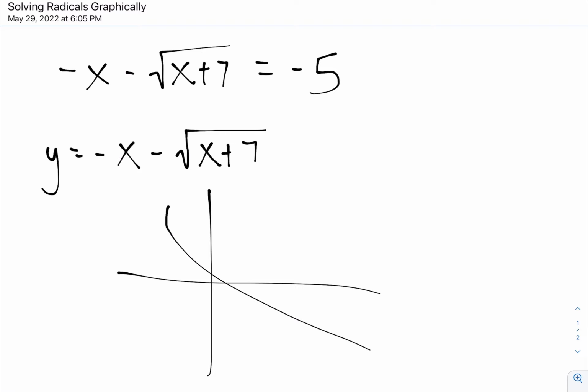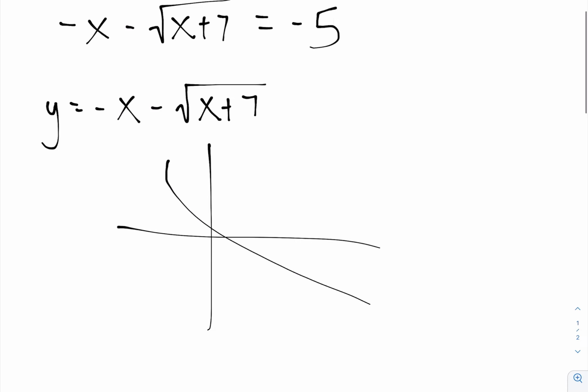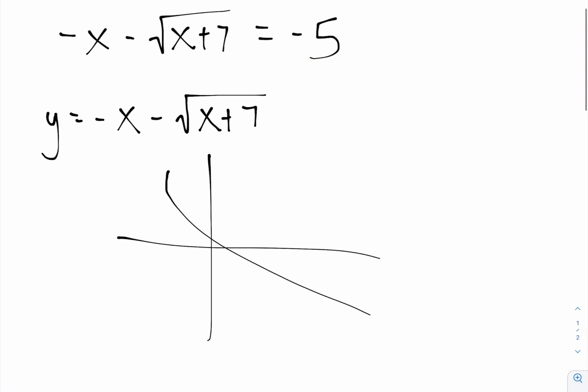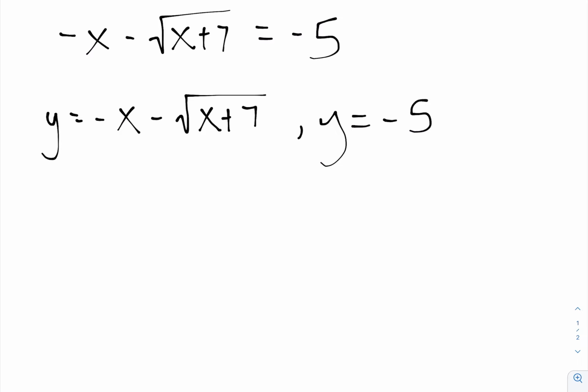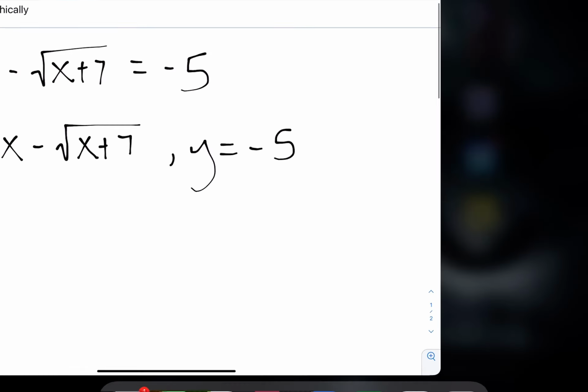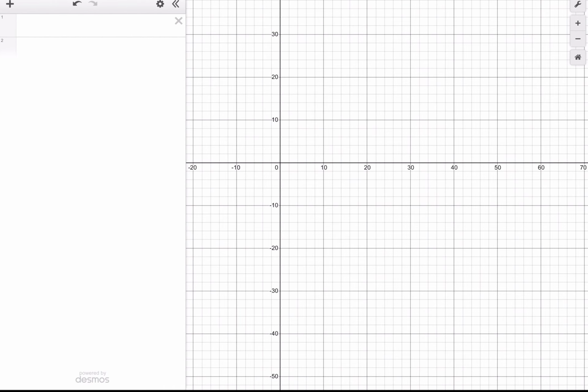And this function is going to equal negative 5, so y is also equal to negative 5. If we drew a line at negative 5, where they intersect, that's going to be our solution.